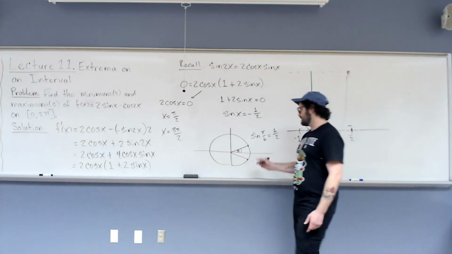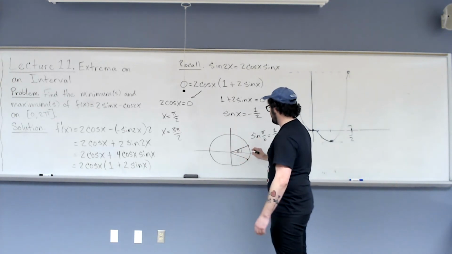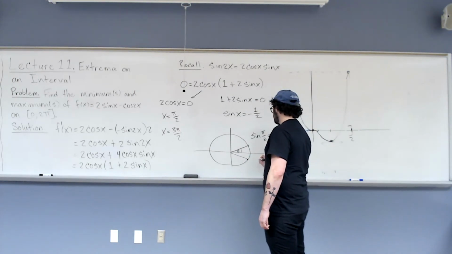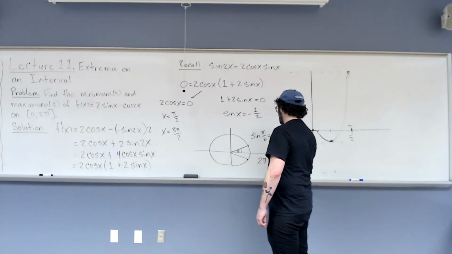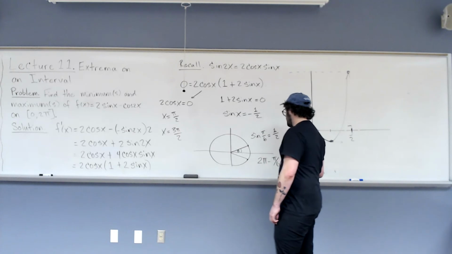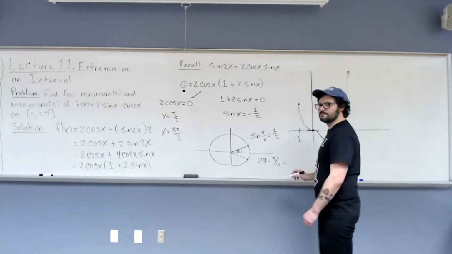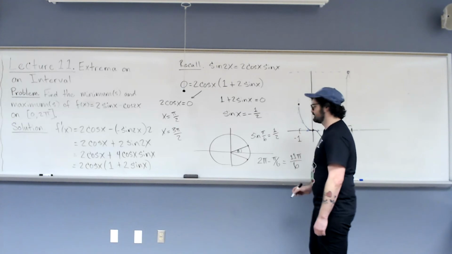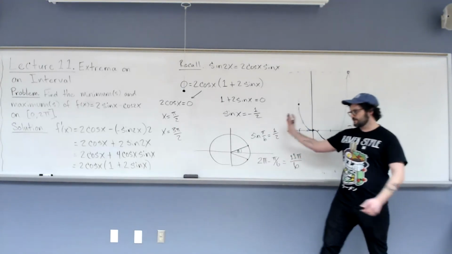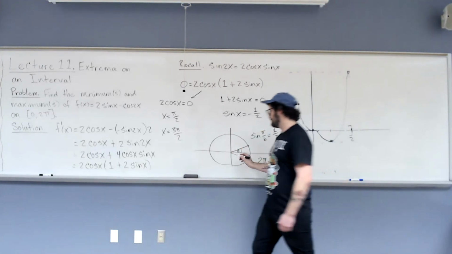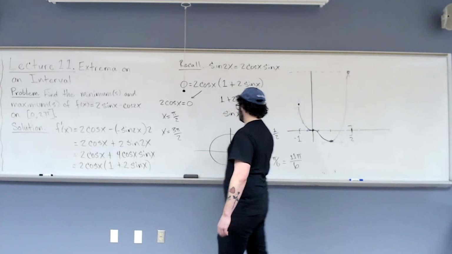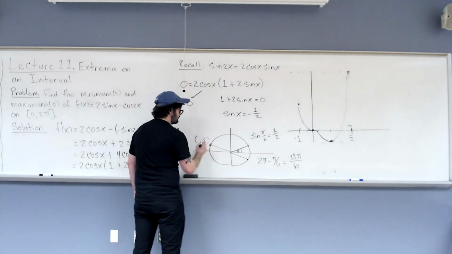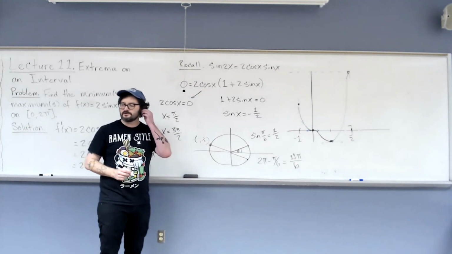So what is that? That's 2 pi minus pi over 6, right? So 2 pi minus pi over 6. Yes, 11 pi over 6. That's one of them, right? But it's also symmetric if I wrap around all the way over here. So the y value there is going to be a half as well, right? Ignore the x value.